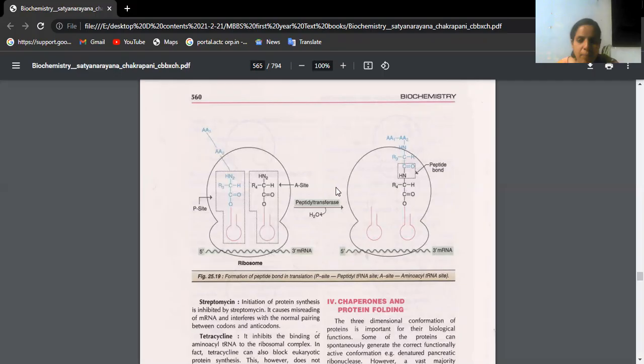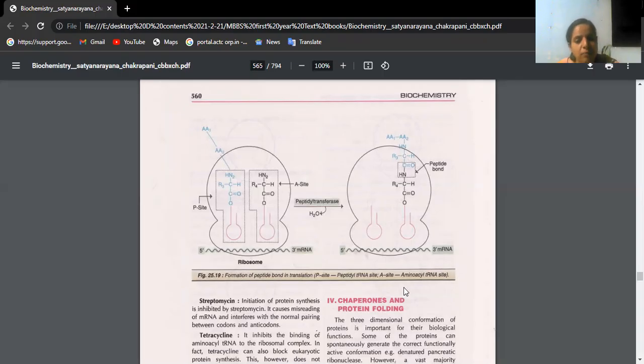In between them one peptide bond is formed, but you need not remember this structure, absolutely not required. You can just write amino acid 1, amino acid 2 and the peptide bond. Just show the enzyme peptidyl transferase working with the loss of one water molecule, which helps in the formation of the peptide bond.